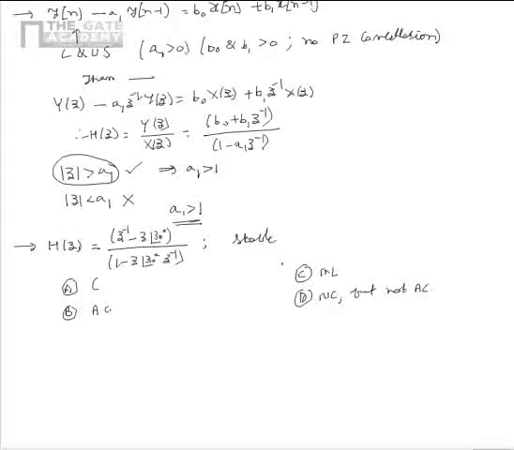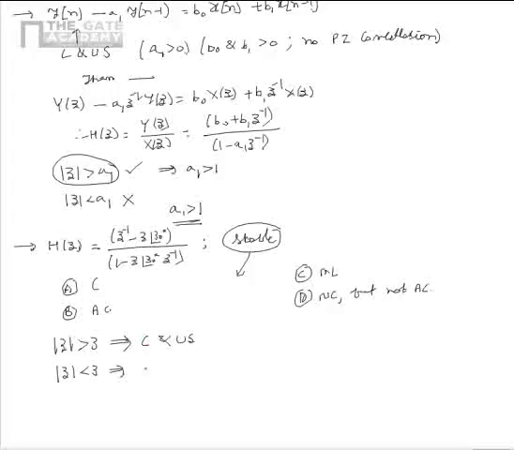From this, we see that if the system is stable, we have to pick the condition that needs to be satisfied. For the given LTI system, the possible ROCs are mod z greater than 3 and mod z less than 3. So in case of the first ROC, the system is causal and unstable.